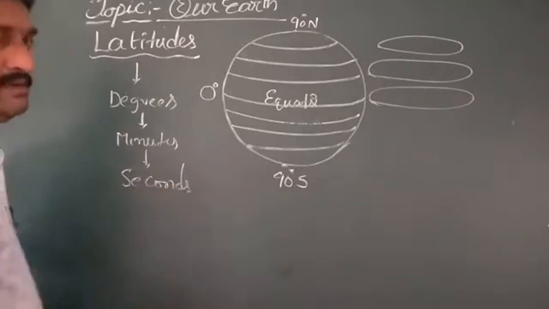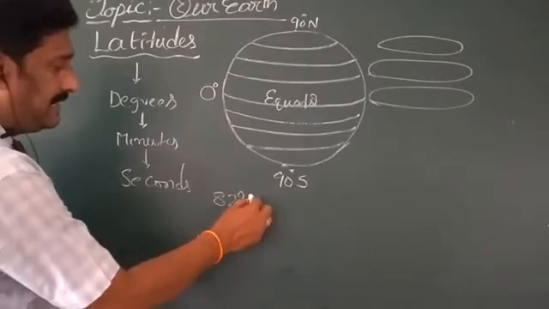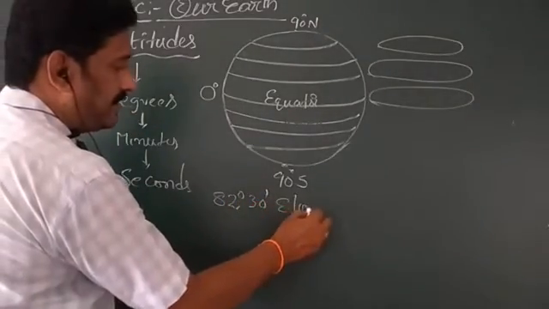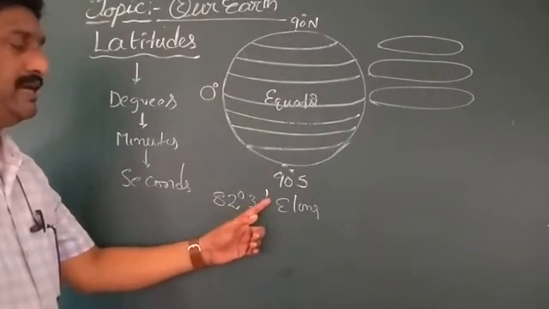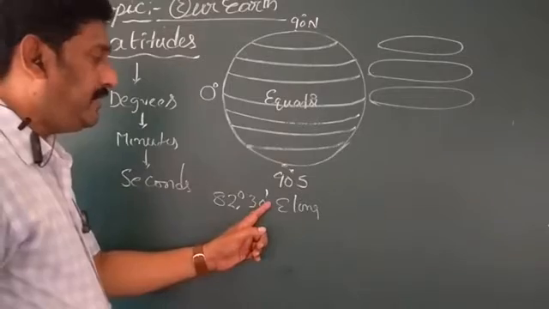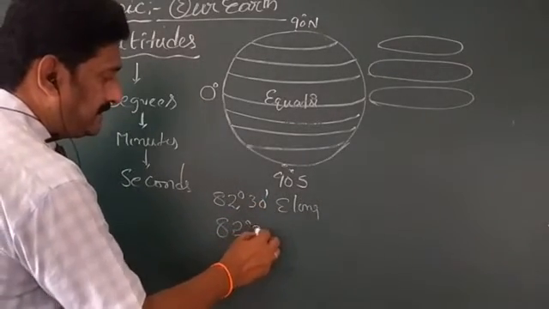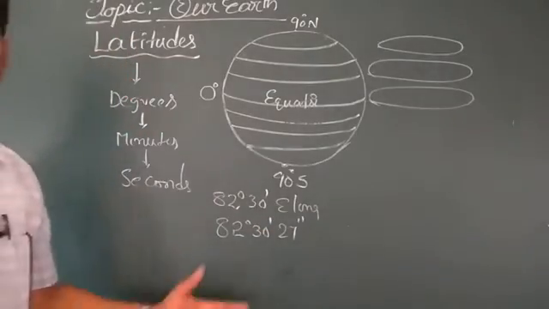For example, 82 degrees 30 minutes east longitude, like that we are saying. That means degrees are divided into minutes, and minutes again divided into seconds. We can write 82 degrees 30 minutes and 27 seconds, like that.